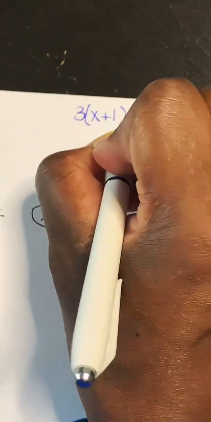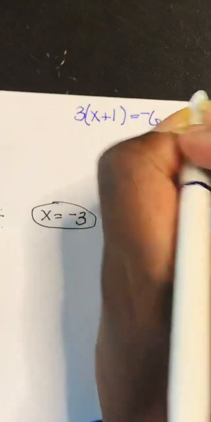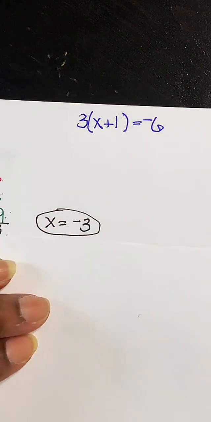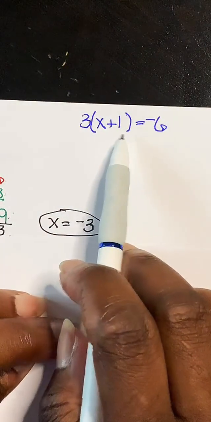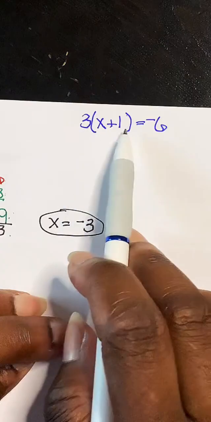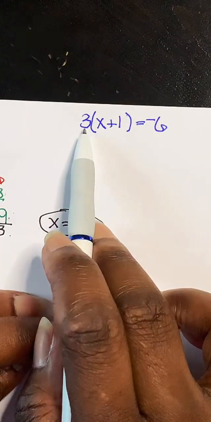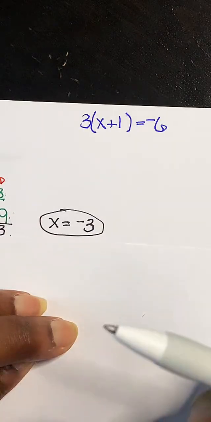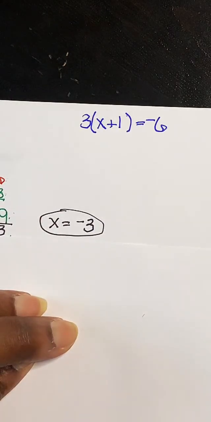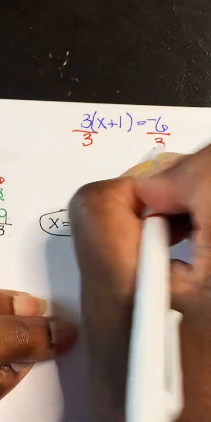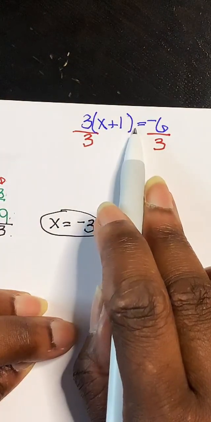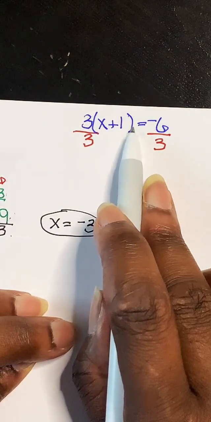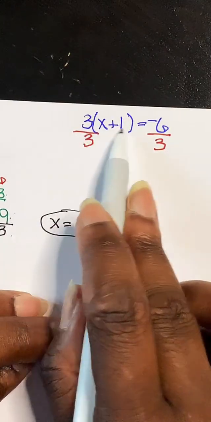Okay? So, like I told you, there's another way. Let me rewrite that on this side, on this little blank side. So you do what makes sense to you. Now, since on this left-hand side, all I have is multiplication because it's 3 times x plus 1.